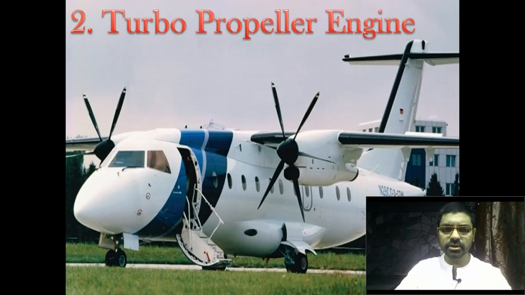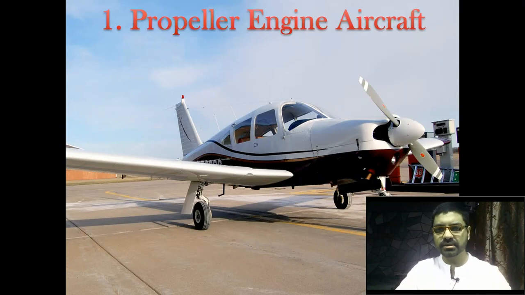We will discuss the manufacturers later, but this is also a turboprop engine. Wherever you see a fan kind of thing, which is called a propeller, it is either a propeller engine or a turboprop. Usually anything more than a four-seater has a turboprop engine. In the previous one, which is hardly a four-seater, it has a propeller engine.